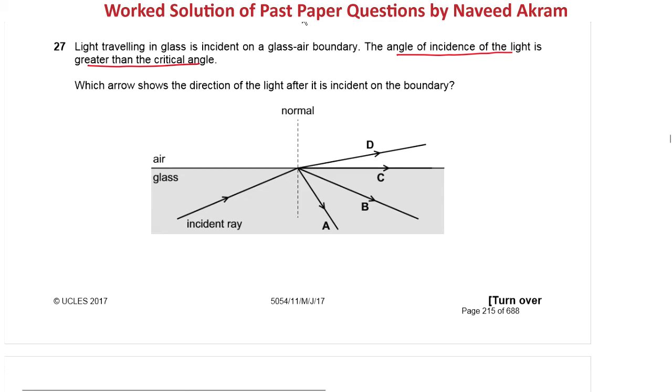And when total internal reflection occurs, the ray of light is reflected from the surface, satisfying the laws of reflection. Means the light ray will reflect such that angle of incidence is equal to the angle of reflection. So here you can see that this is the angle of incidence. This angle will be equal to this angle. So option B is the right answer.